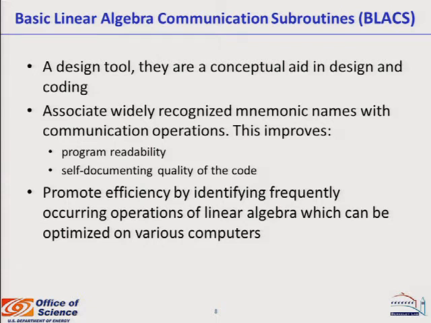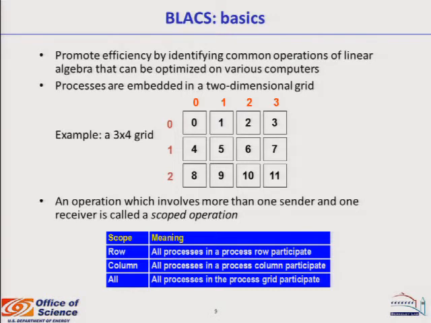So that's the idea. It's intended for portability and also to make it easier to write codes. And in what concerns the parallel usage of the BLACS, of course we are talking about parallel computations here.